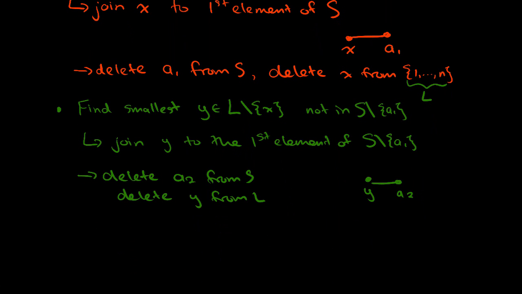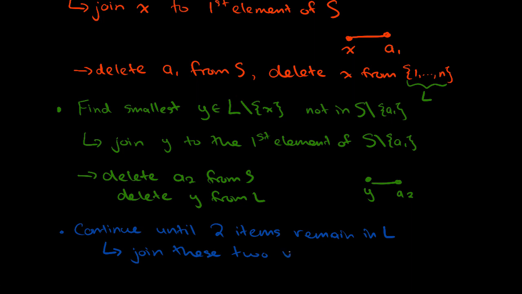So you continue until two items remain in L, and then you join these two via an edge. I claim to you that this thing that you've built with all these little edges is actually the labeled tree that you want to get. So let's do an example.